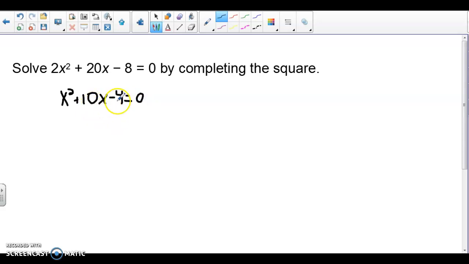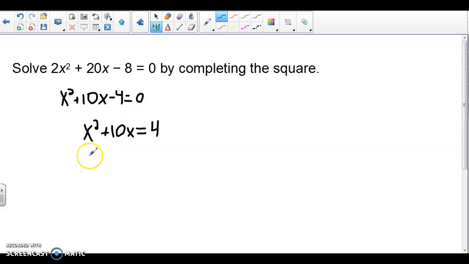Alright, now we have to get rid of the c value because we want x squared plus bx. So we'll have x squared plus 10x equals 4. Now, if you remember from yesterday, the steps to complete the square, you take half the b value and you square it, and you add it to both sides.